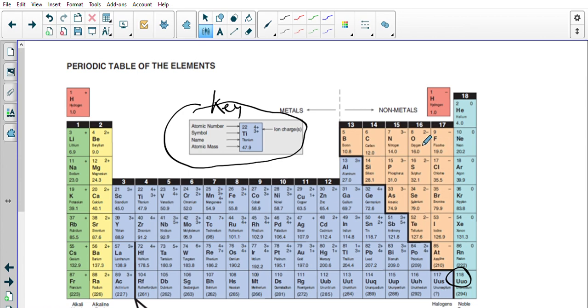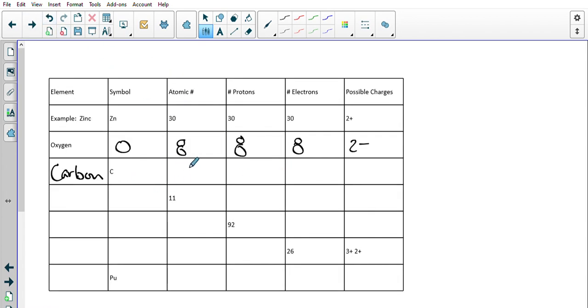But here again, we're just making use of this and letting you go through. There's only 118. All right, here's carbon, 6, 12, no charge up there. So we've got carbon, C, atomic number 6, 6 protons, would have 6 electrons. Possible charges, we're just leaving that blank.